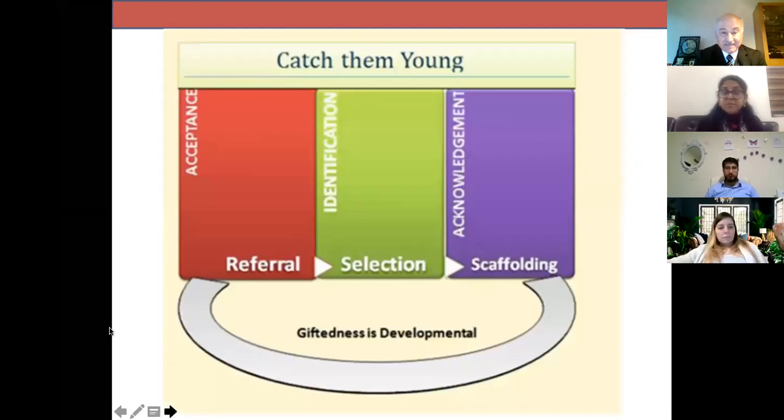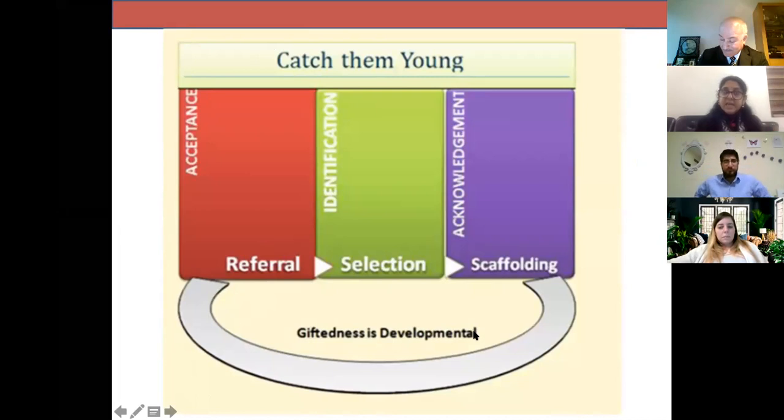So the fundamental premises: catch them as early as possible, as young as possible. Another belief is that giftedness is developmental.